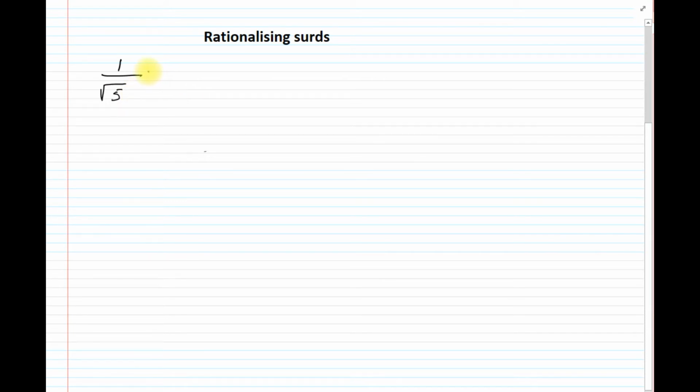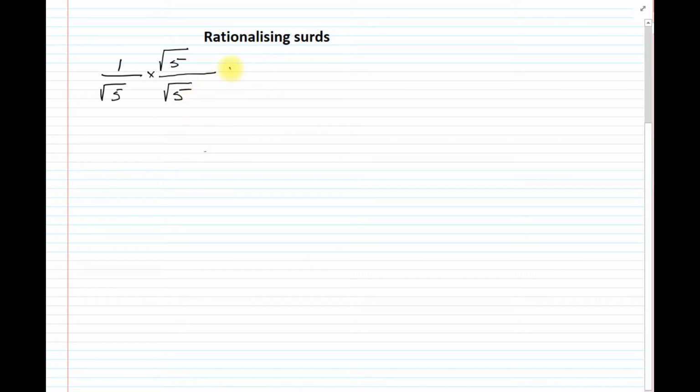So we want to multiply both the top and bottom of this fraction by a number which squares the denominator, which obviously would be the square root of 5 itself. If I multiply the denominator by the square root of 5, I have to multiply the numerator by the same number so that the fraction doesn't change.